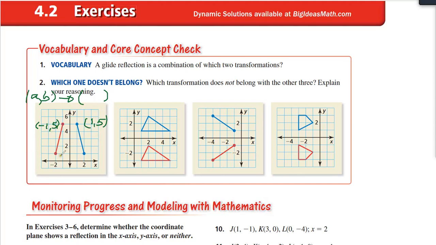I'll put another point here. This one is 2, 1, and this one is -2, 1. What's the rule here if I was making a generalization about A and B? What's happening here? You can also look in your book at that list of the rules.